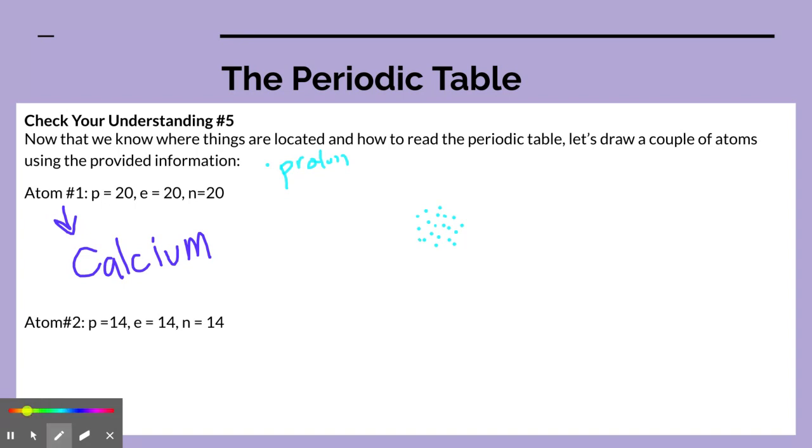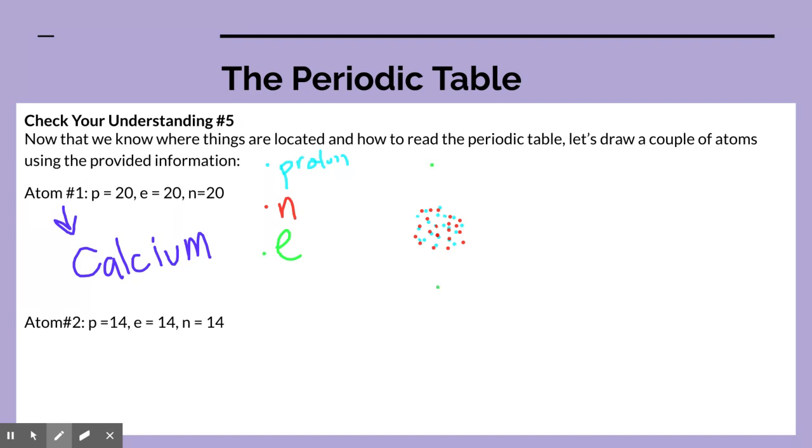Okay. And then let's put in my neutrons. There's 20 neutrons. So 1, 2, 3, 4, 5, 6, 7, 8, 9, 10, 11, 12, 13, 14, 15, 16, 17, 18, 19, 20. So there's my nucleus. And then now I need to do electrons. Electrons are going to be green. And so I've got 20 electrons.